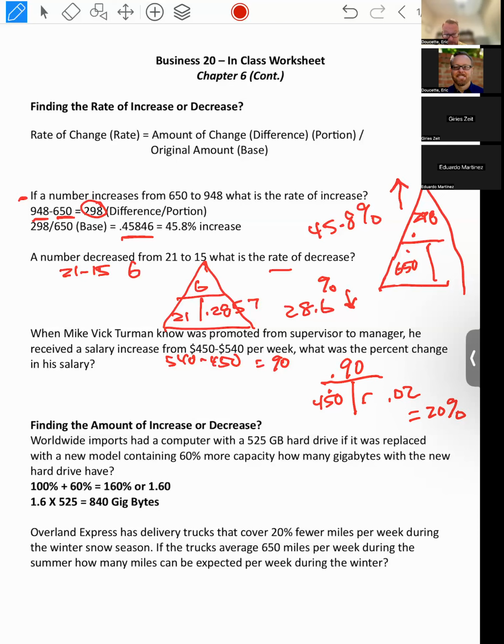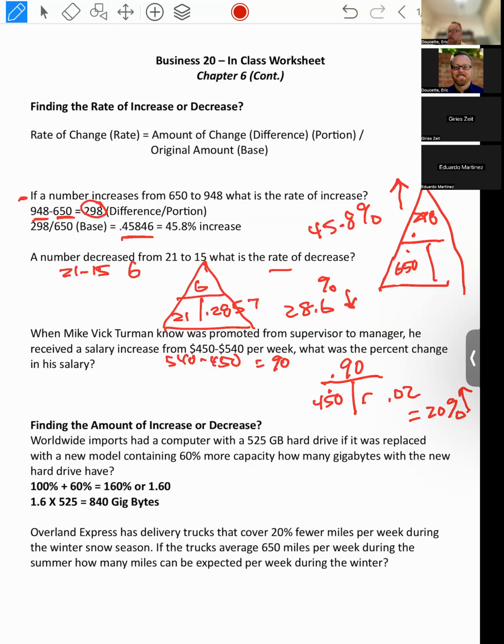Yes. When you're trying to find the rate of increase or decrease, the base number that you're going to plug into the triangle is where the number originally started. Your original number, even if it's lower than the second number.